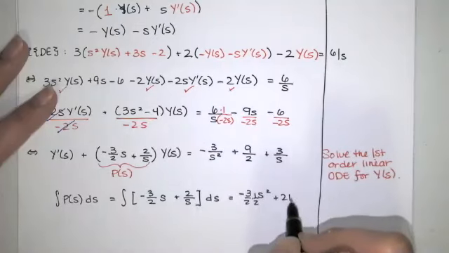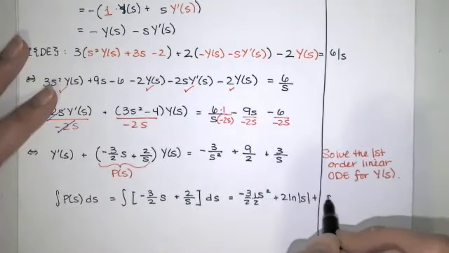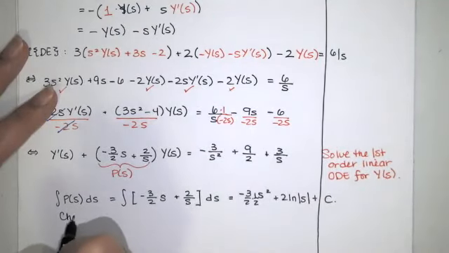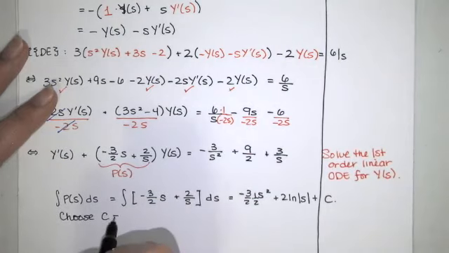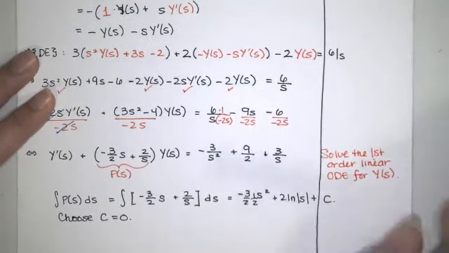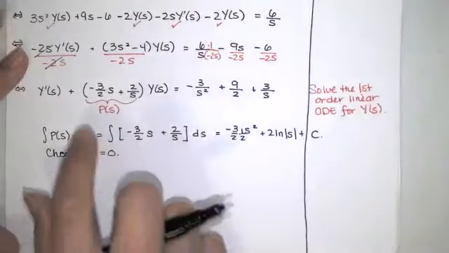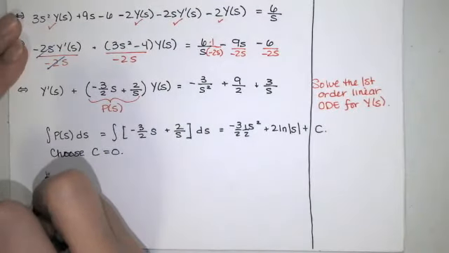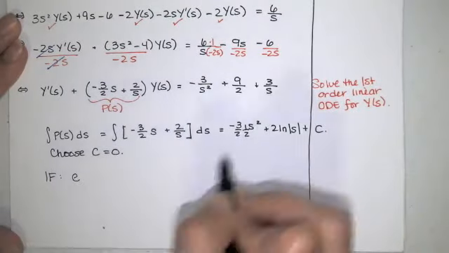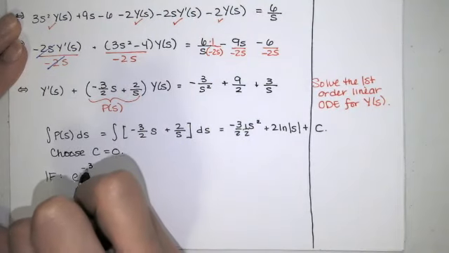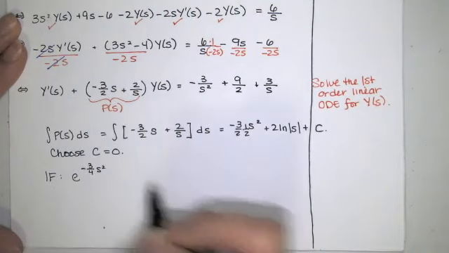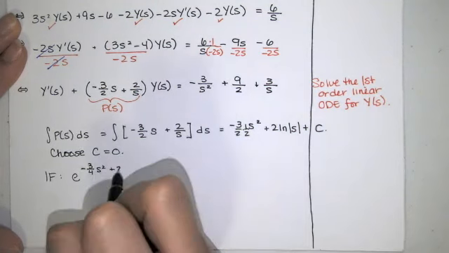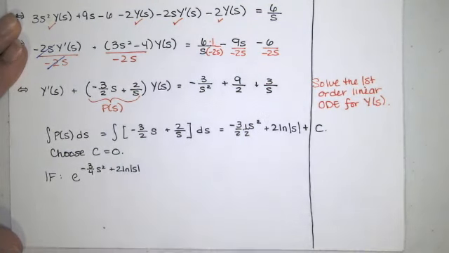And then I have 2 times natural log of the absolute value of s plus c. We'll choose that c to be 0 because we only need one integrating factor. We don't need infinitely many integrating factors. So our integrating factor for this differential equation is e to this power. So that's e to the negative 3/4 s squared plus 2 times natural log of the absolute value of s.